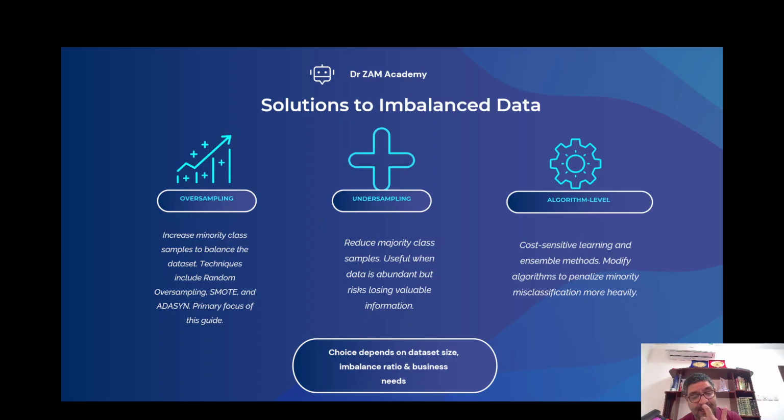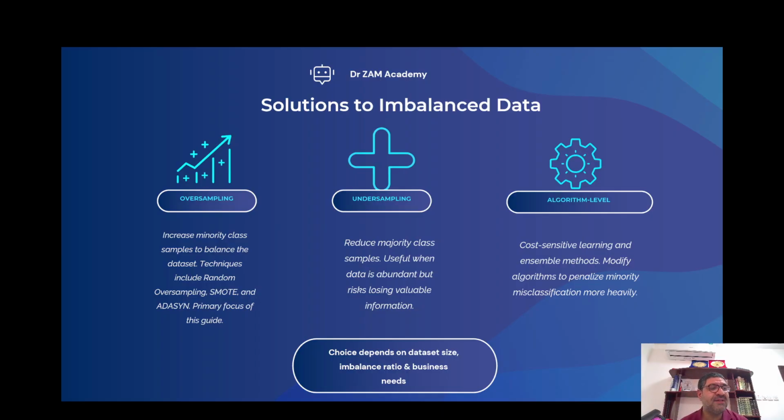It is increasing that minority class to such an extent that it does not remain a minority, and the model is corrected so that it provides us realistic results. So the primary focus of this technique is that oversampling will be happening.